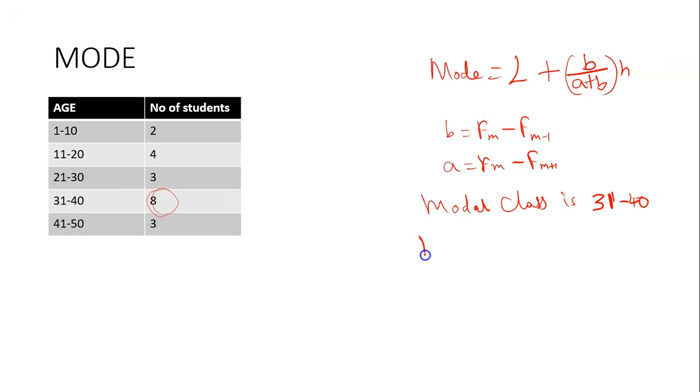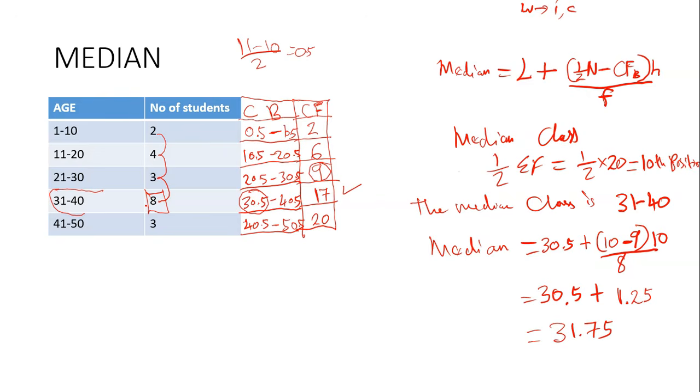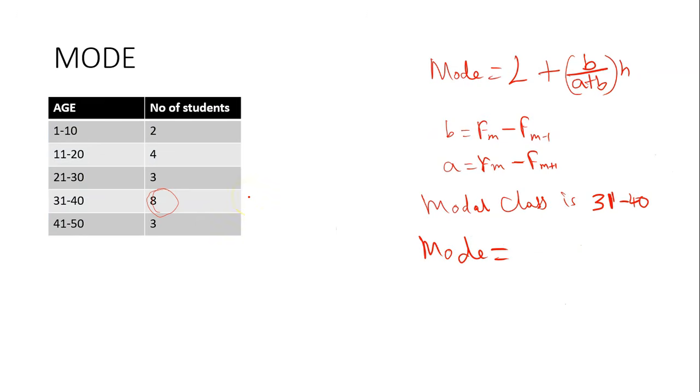So you can now calculate the mode. So what is the lower class boundary of the modal class? You go back to previous. This is the modal class 31 to 40. The lower class boundary is 30.5. So you use it. 30.5 plus into bracket.